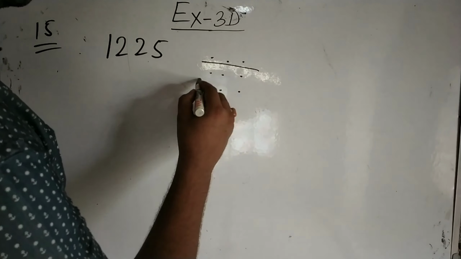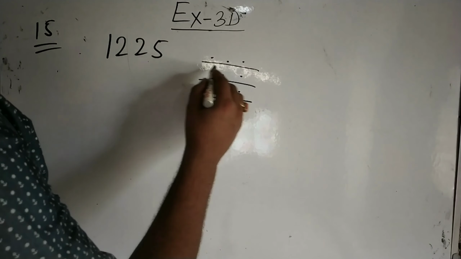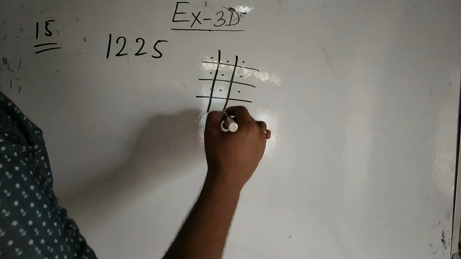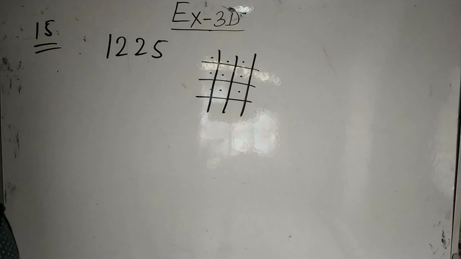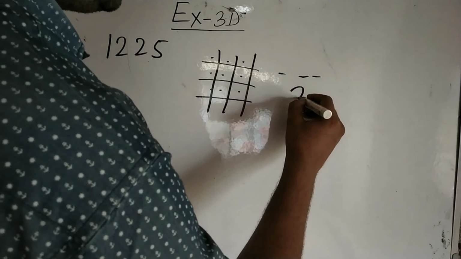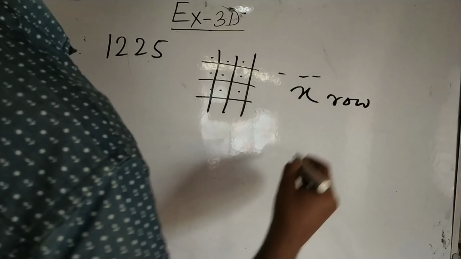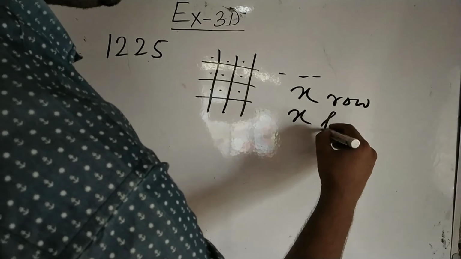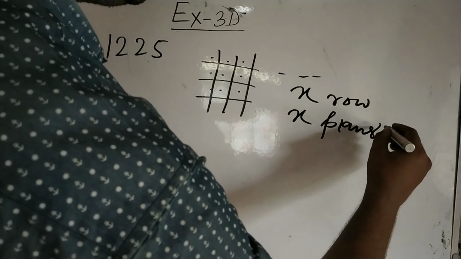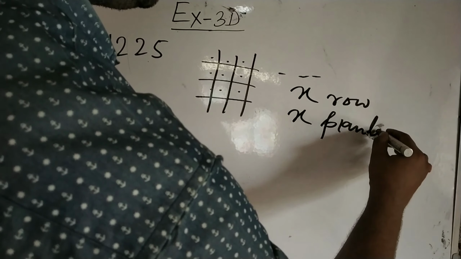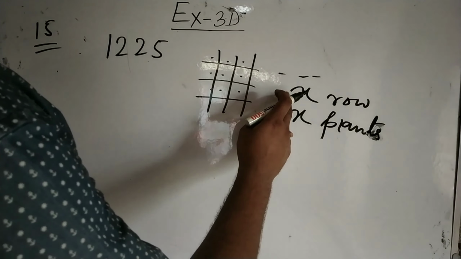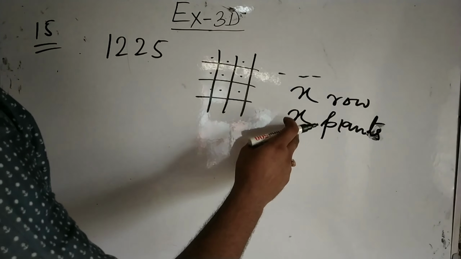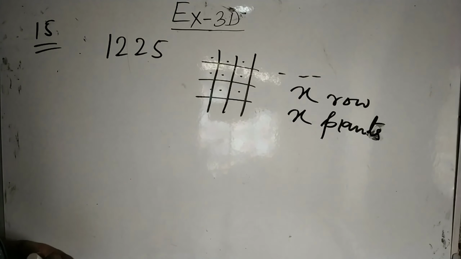So if there are 3 rows, then in each row there will be 3 plants. That is 3 3s are 9. That means if there are x rows, then in each row there will be x plants. So in x rows there are x number of plants each, so total x into x plants are there in total.